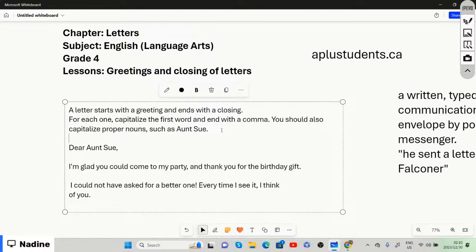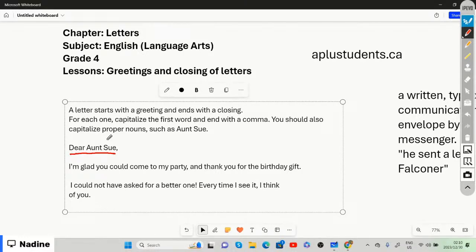And an example of a greeting where we greet somebody with a letter: for example, we can write the letter to Auntie Sue. Then we say, Dear Aunt Sue. So we start our greeting by saying, Dear Aunt Sue, or depending on who you are greeting.